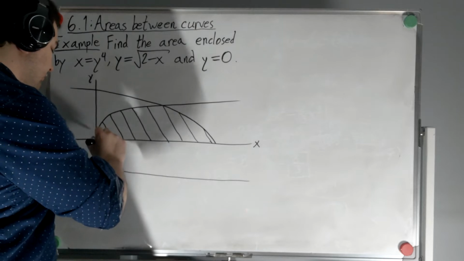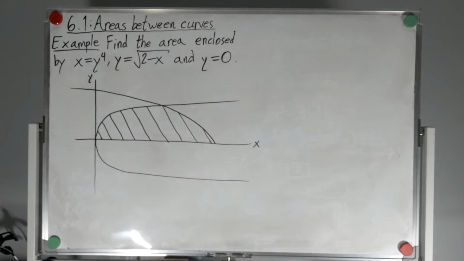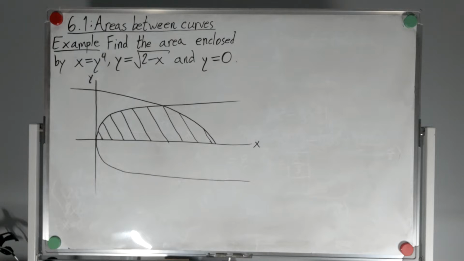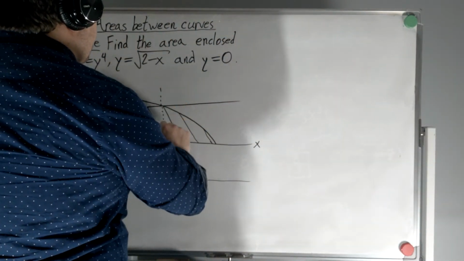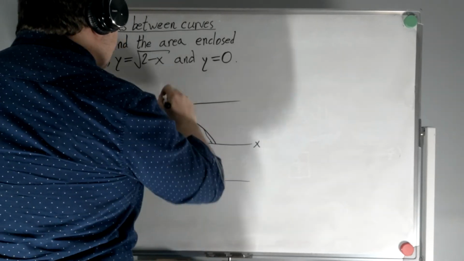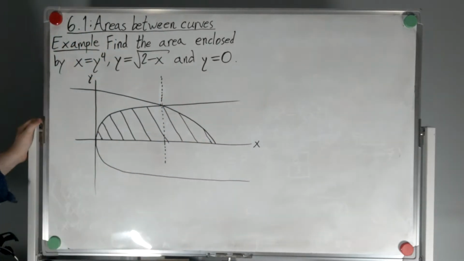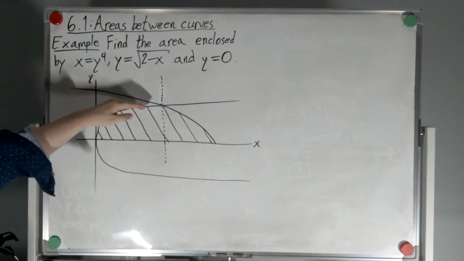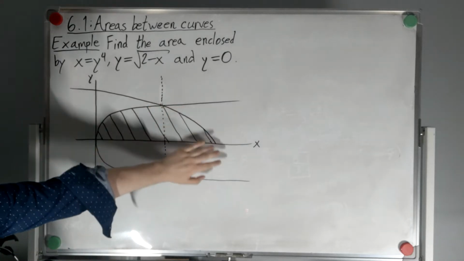Okay, so if we just sort of blindly apply the formula that we have been using all along, where we just take the integral of the upper minus the lower, then we'll run into a little bit of a problem. We'll run into a problem because here, to the left of this dotted line, there is an upper function. To the right of this dotted line, there is a different upper function.